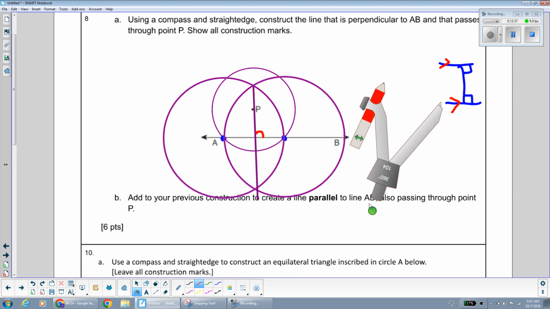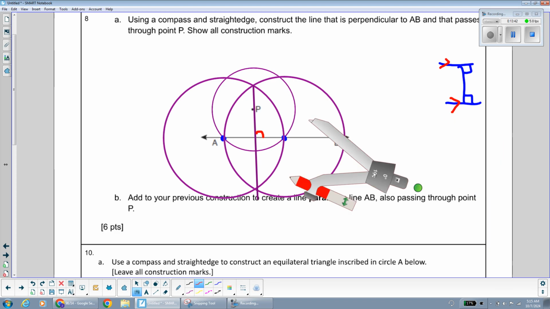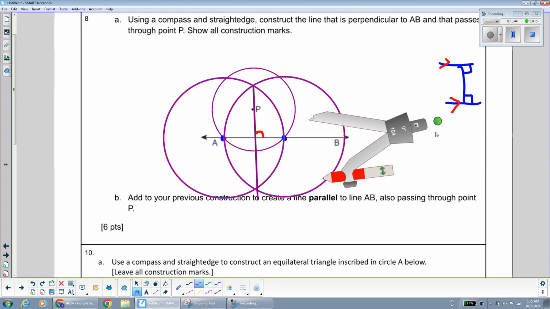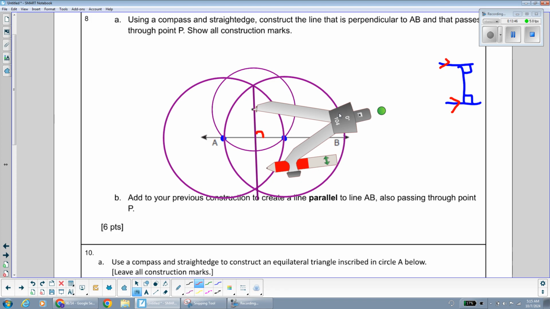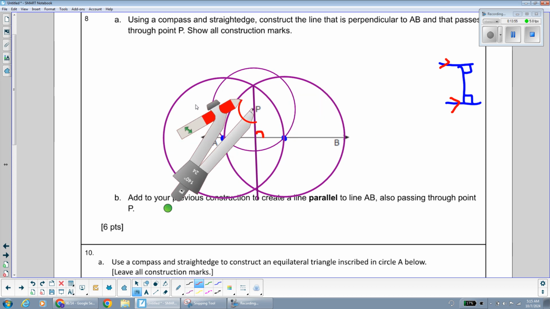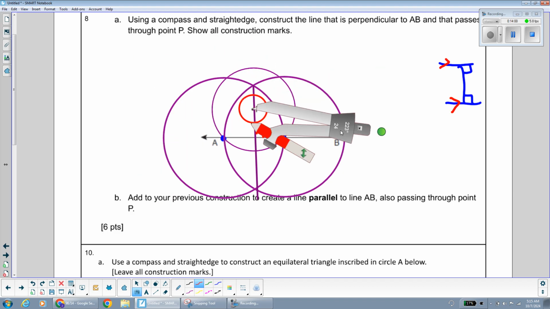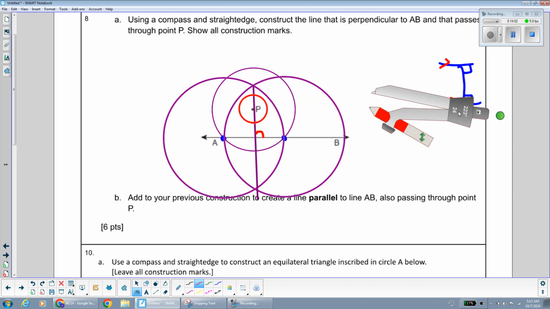So what I'm going to do is I'm going to take my compass and I'm going to put it back on point P because I want another perpendicular line through this point. This time, when I make my first arc or my first circle, it's the same thing. I just needed to hit the line in two spots, but I needed to hit the line that I just constructed.